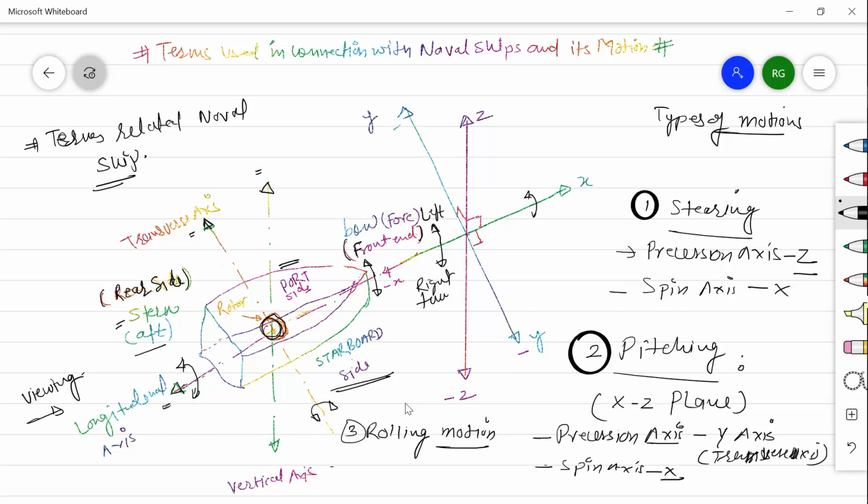In this case, the spin axis and the precession axis are both the same, or you can say parallel, or coincide. So in this case, the precession axis is the x-axis only.